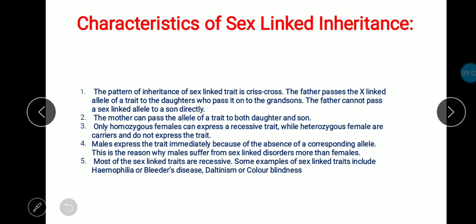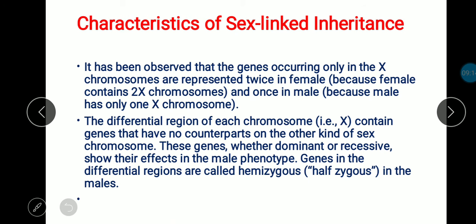Some examples of sex-linked traits include hemophilia or the bleeder's disease, and daltonism or color blindness. It has been observed that genes occurring only on the X chromosome are represented twice in a female, because a female has two X chromosomes, and once in a male because a male has only one X chromosome.